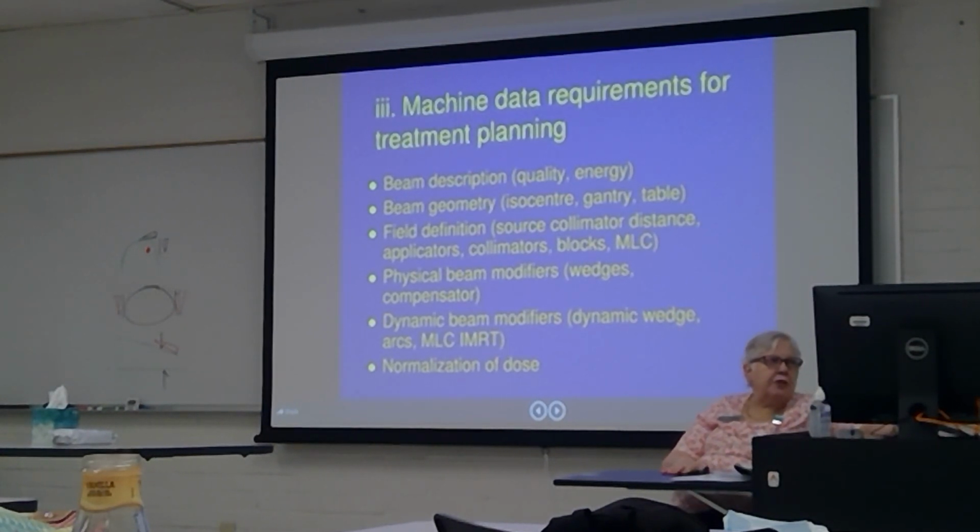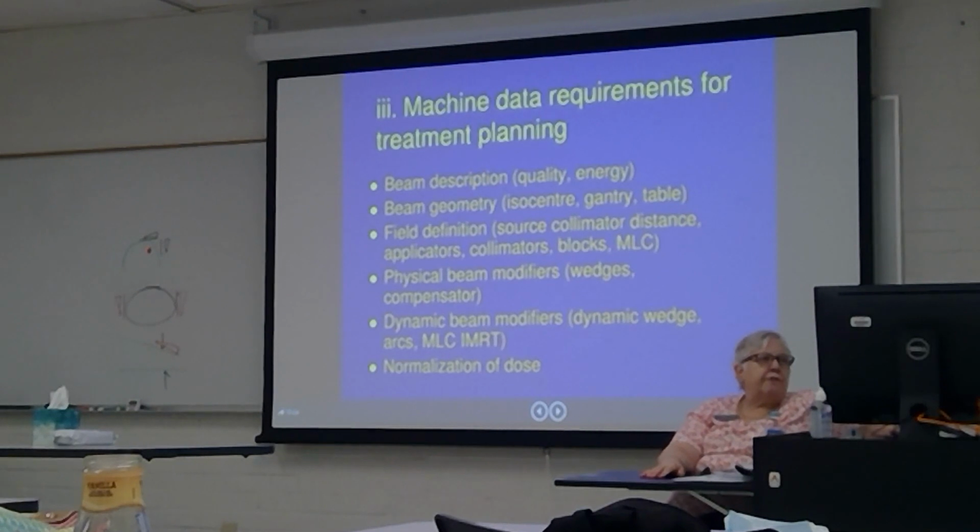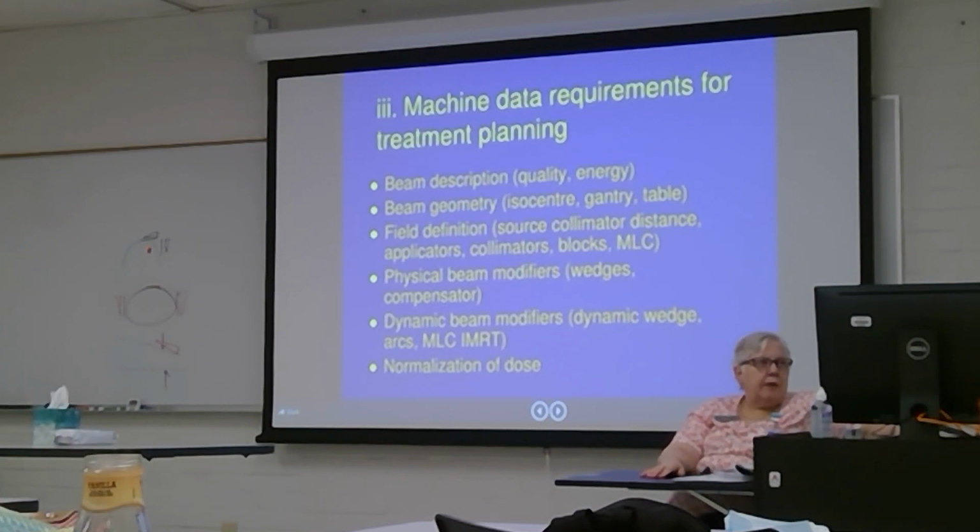So beam description, quality, and energy. The dosimetrist needs to know if it's a 6 MV that we want to do, or the doctor wants to do, or a 15, or a 12, or a 10, whatever it happens to be. Beam geography. Where's the isocenter? Where's the table?